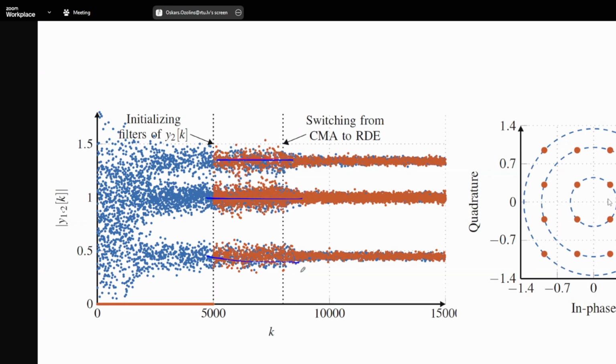So basically you still run the CMA algorithm, but you switch between three amplitudes, because this is how 16 QAM has three rotational amplitudes. If you have a different geometrical constellation size, then you can have more amplitudes.